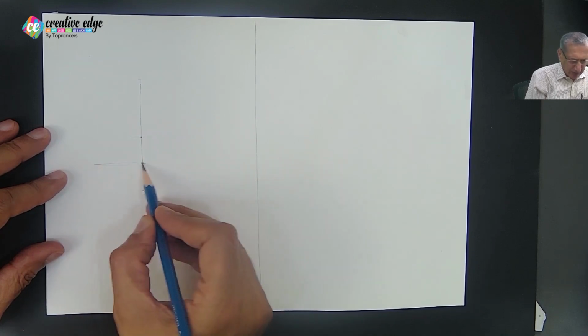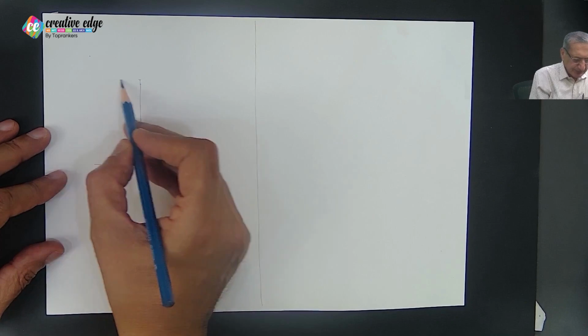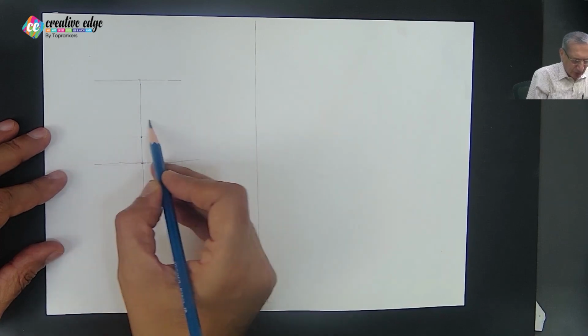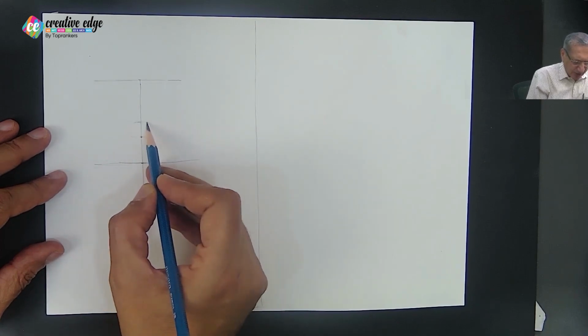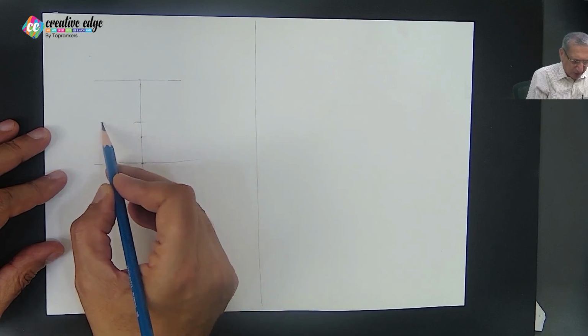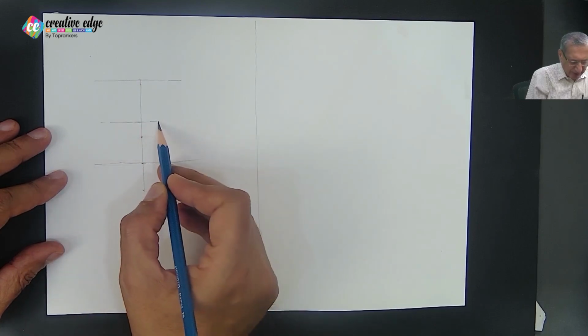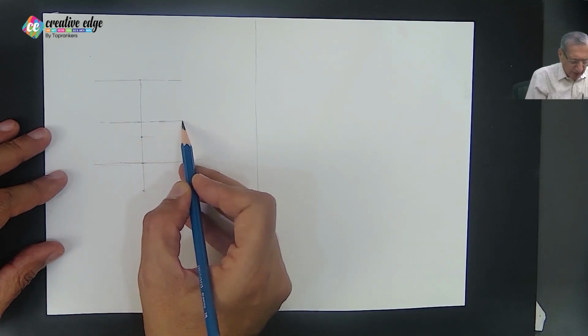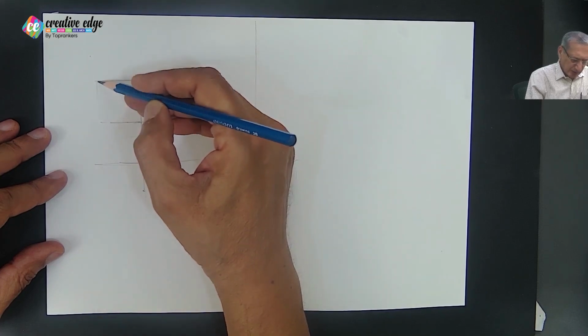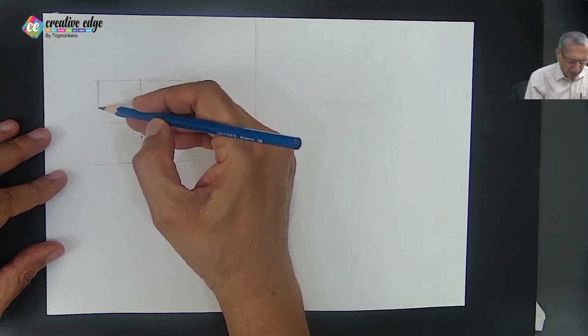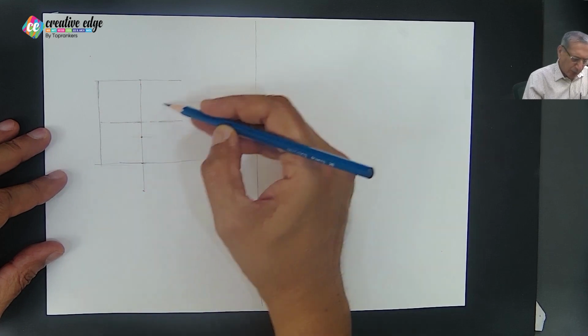Now we draw a horizontal line. Firstly divide this length, the 3/4 length, into two halves, and then we draw four squares.